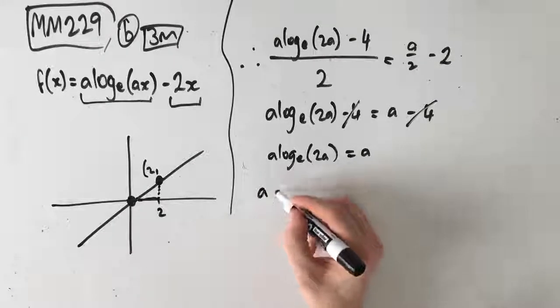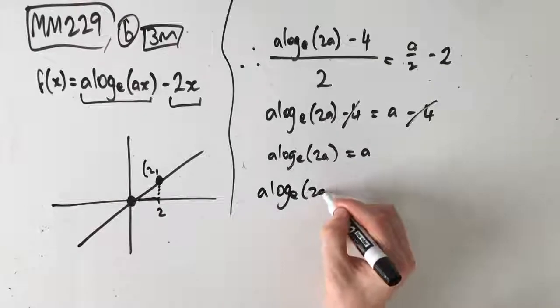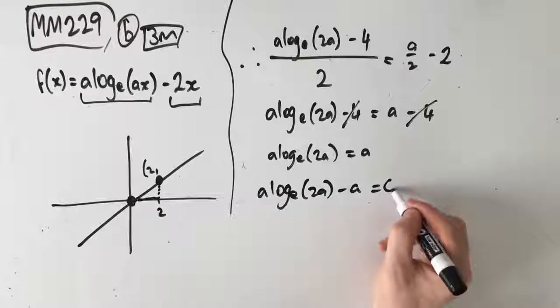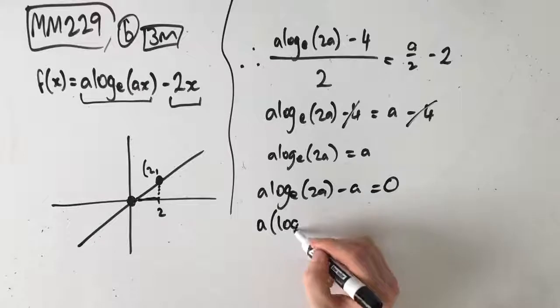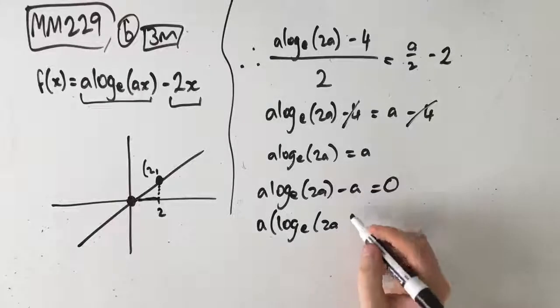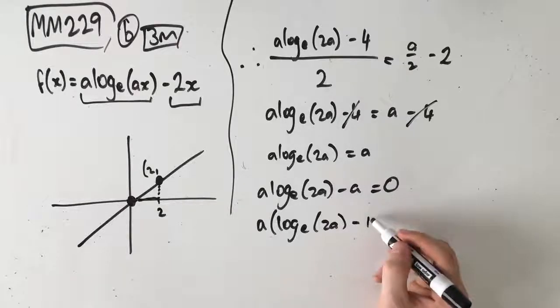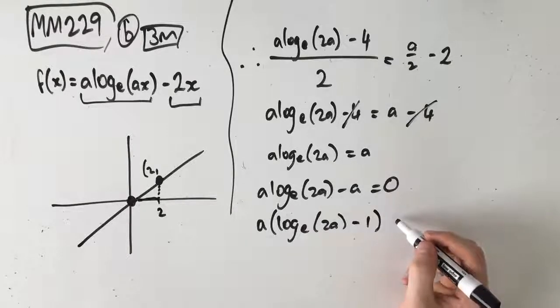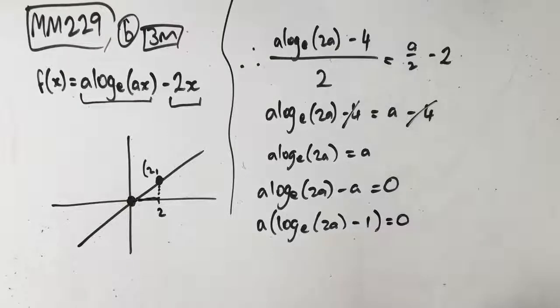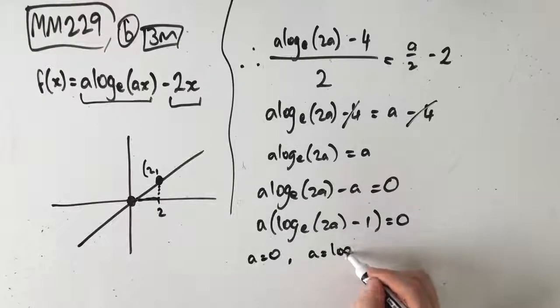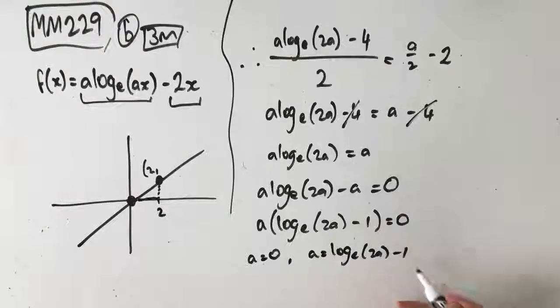Rearranging this, we can get a log e of 2a minus a equals 0. Take a common factor of a out: a times log e of 2a minus 1 equals 0. Awesome. And so according to our null factor law, a is equal to 0 and a is equal to log e of 2a minus 1. Awesome.